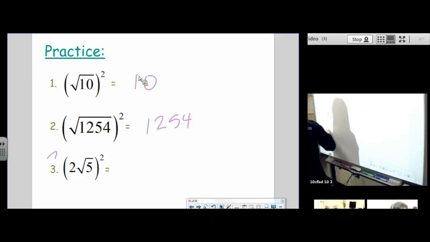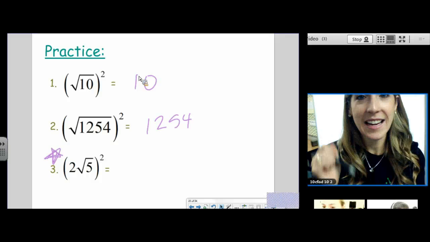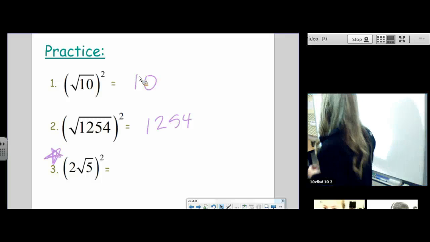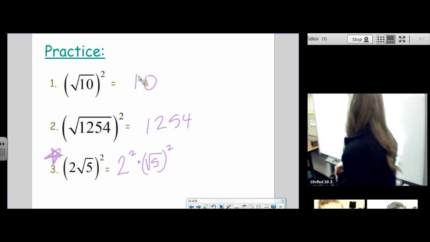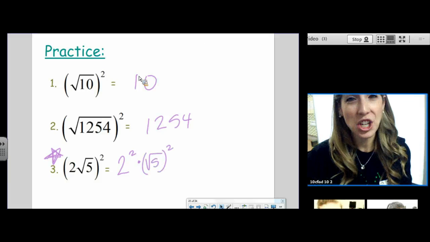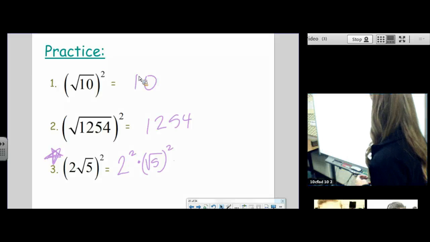Number 3 is completely different. I need you to look at number 3 and I need you to separate those. This is saying the square root of 2 squared times the square root of 5 squared. I want you to square them each, and I want you to square them separately. What's 2 squared? 4. What's the square root of 5 squared?